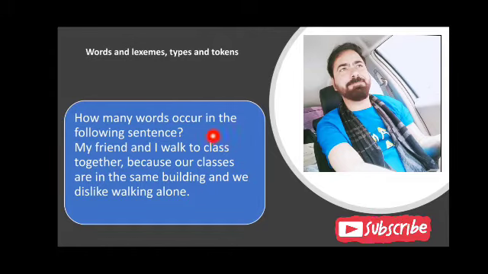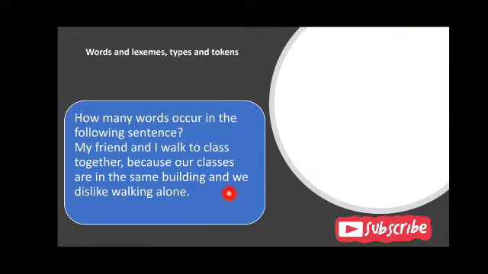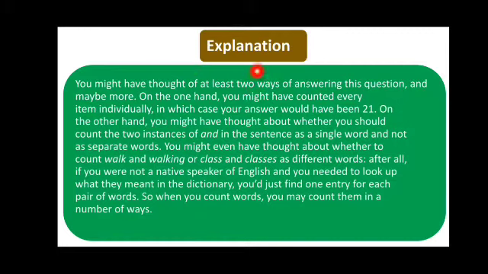So now we will discuss how we can say that there are 21 words, how we can say that there are 20 words, and how we can say that there are 16 words. Let's discuss. Explanation of the previous example. You might have thought of at least two ways of answering this question, and maybe more. On the one hand, you might have counted every item individually, in which case your answer would have been 21.